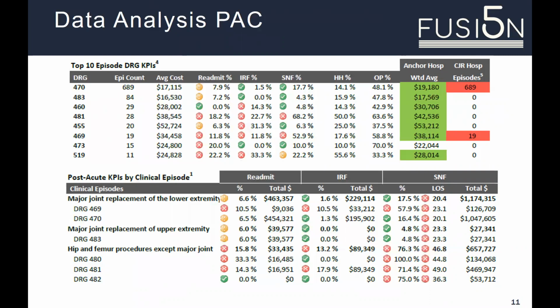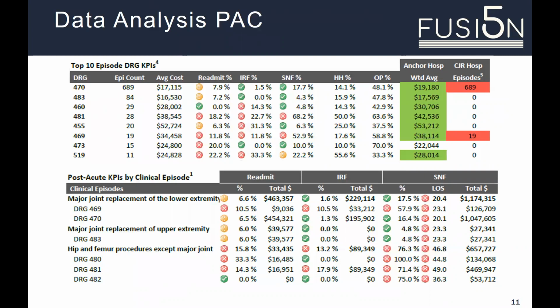Now, this type of report is going to be customizable by practice. So if you need your setting to be a little bit lower than what we have, you're able to customize that. And again, looking through this type of report is going to tell you where you may have some opportunities.